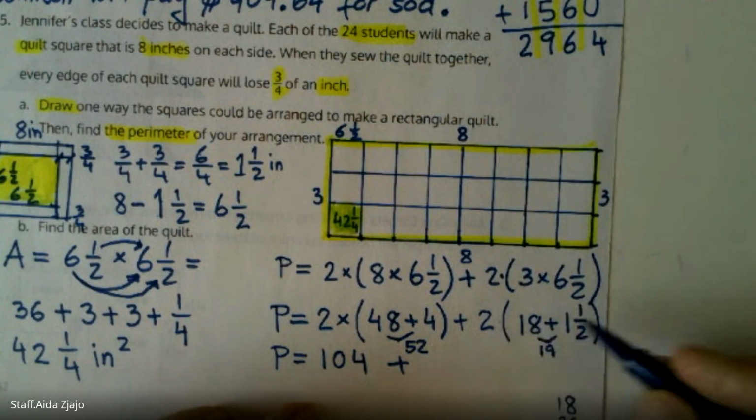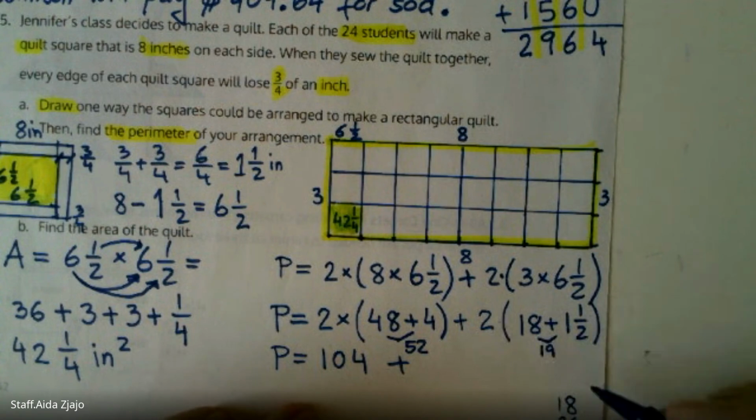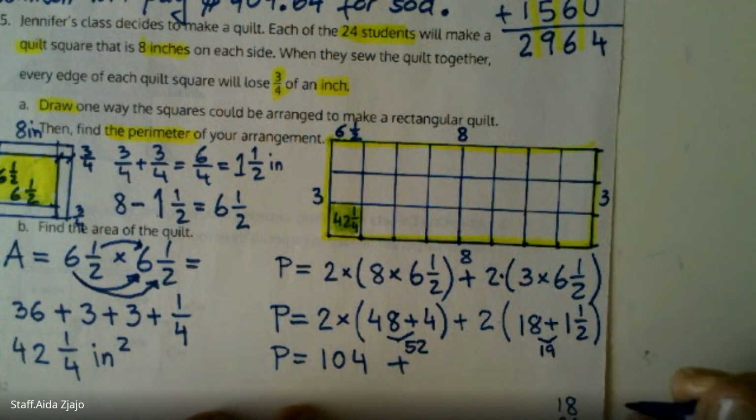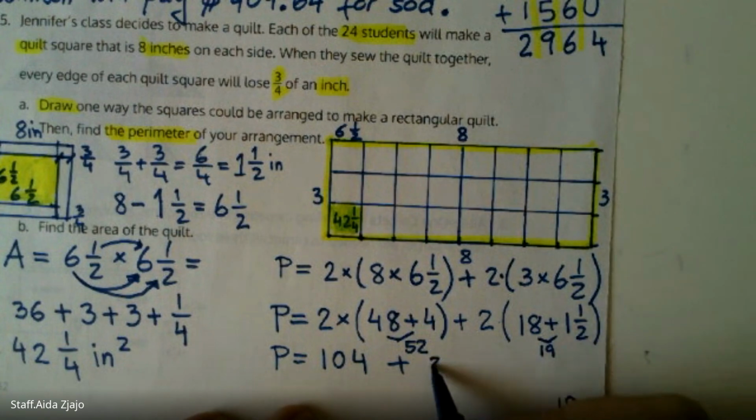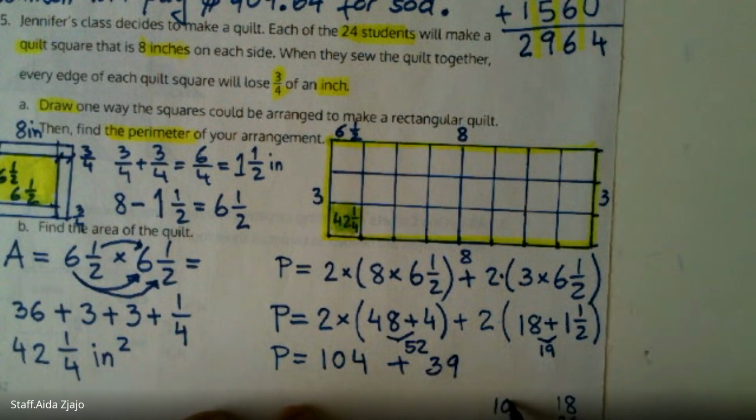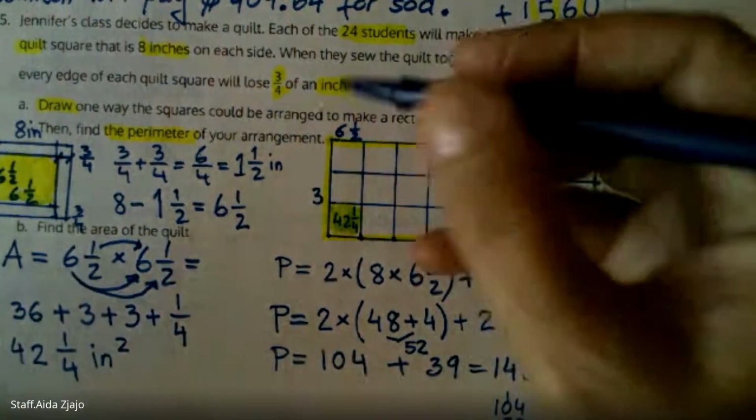Plus, now 2 times half is 1. So this should be 39. And all together 104 and 39 is going to be 143, equals 143 inches, because this is 6.5 inch.